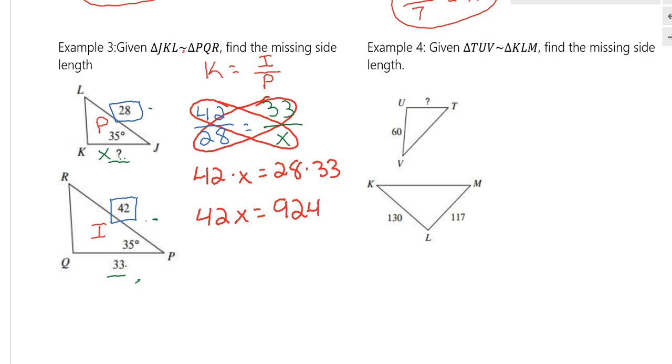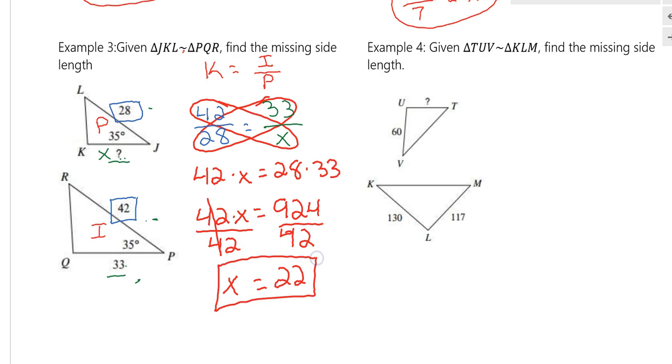The next thing I have to do, right, this is technically being multiplied, do the opposite to divide. Right, this is 42 divided by 42 is 1. 924 divided by 42 is, if you can do it in your calculator, that's fine. So x equals 22 there.